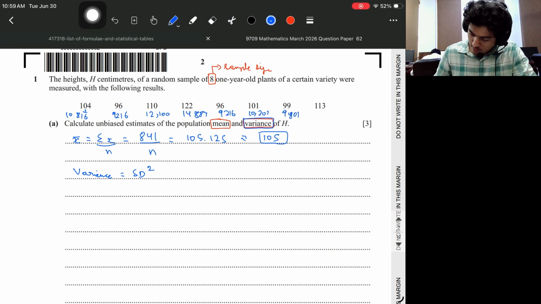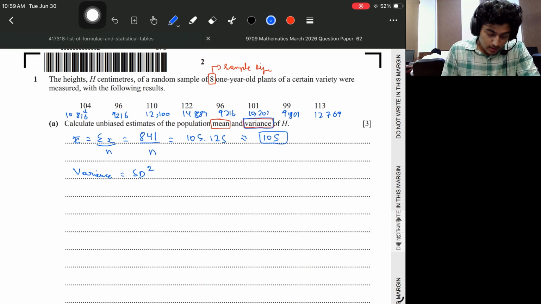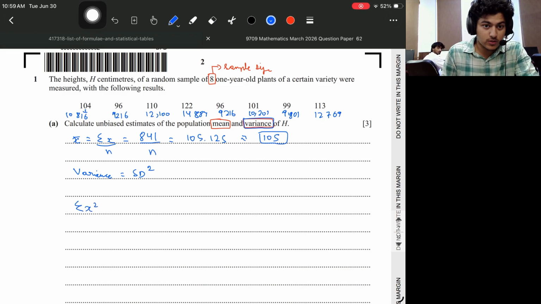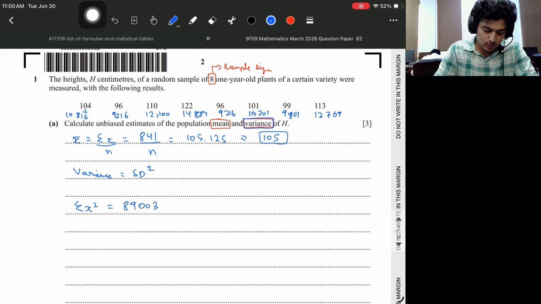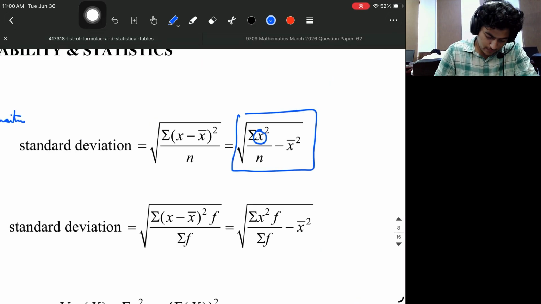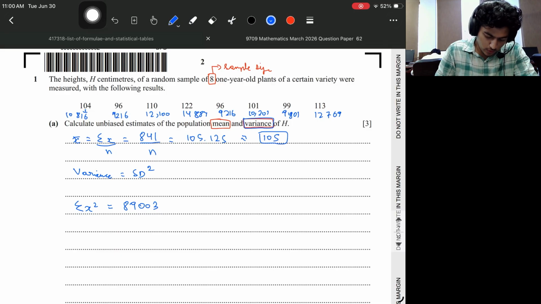And then we have 113 squared, 12,769. Now, when we add up all of these, sigma x squared, that's what sigma x squared means, we get the value 89,003. Right?